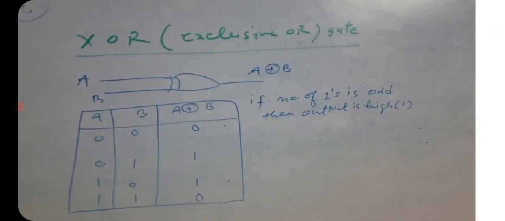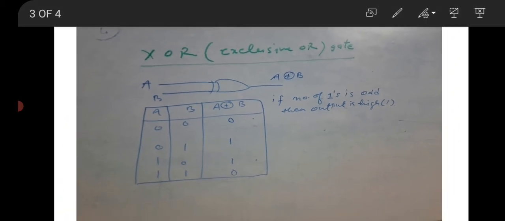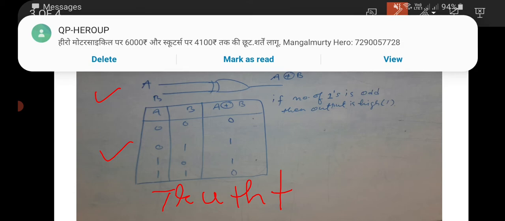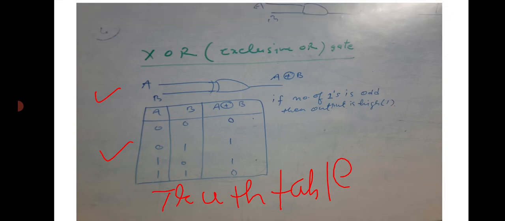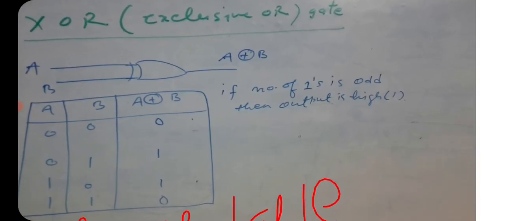This is the exclusive OR gate, and you can see the circuit diagram of the XOR gate. This is the circuit diagram and this is the truth table for the XOR gate. Now see here, if the number of 1s is odd, then the output is high, otherwise the output will be low.